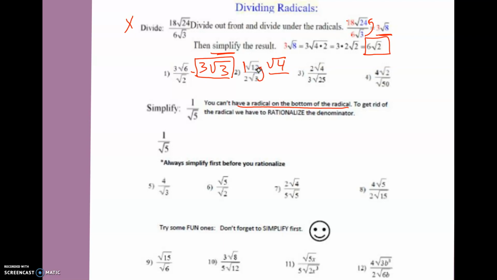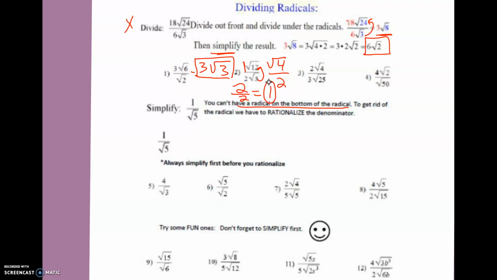So the 3's gone because it went into the 12. And then you have a 2 on the bottom. All right. Now we know that the square root of 4 is what, guys? 2. So 2 over 2 would just equal 1. Okay?